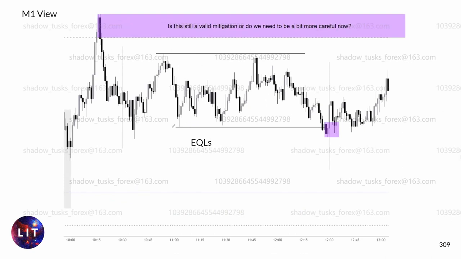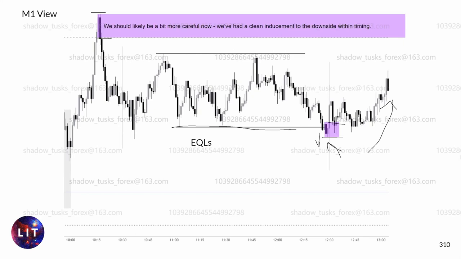As we can see, we had our build-up, our inducement within timing, we came back down, mitigated the inducement, and now we're trading up. Now we need to ask ourselves, is this still a valid mitigation, or do we need to be a bit more careful?